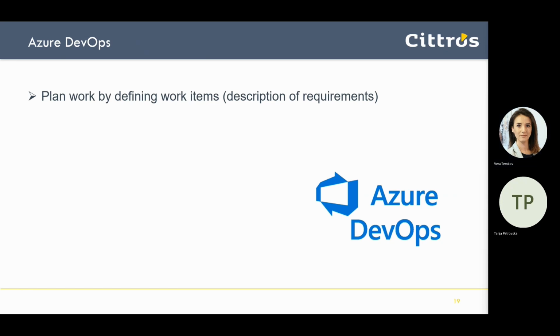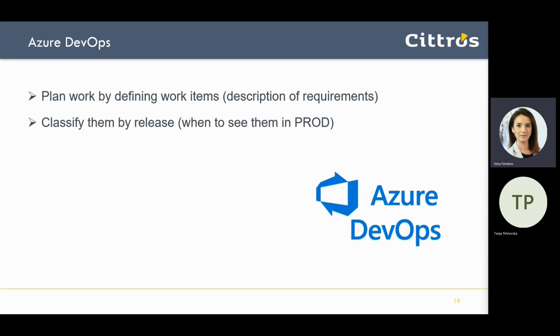Then you can classify them by release, meaning when you would like to see them ready in production. There are services that enable us to track the progress and have better overview of the release status. We will show you some samples in this presentation.